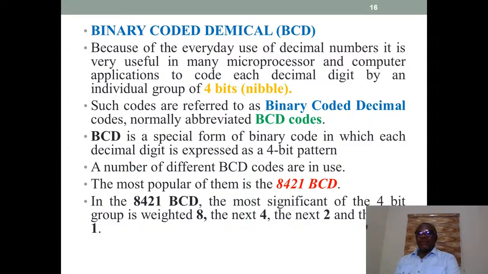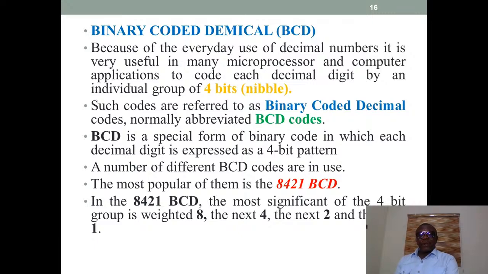BCD is a special form of binary code in which each decimal digit is expressed as a 4-bit pattern. A number of different BCD codes are in use. The most popular of them is the 8421 BCD code.